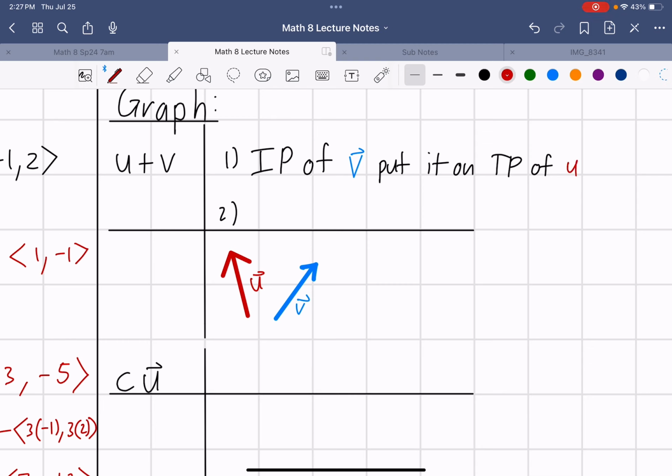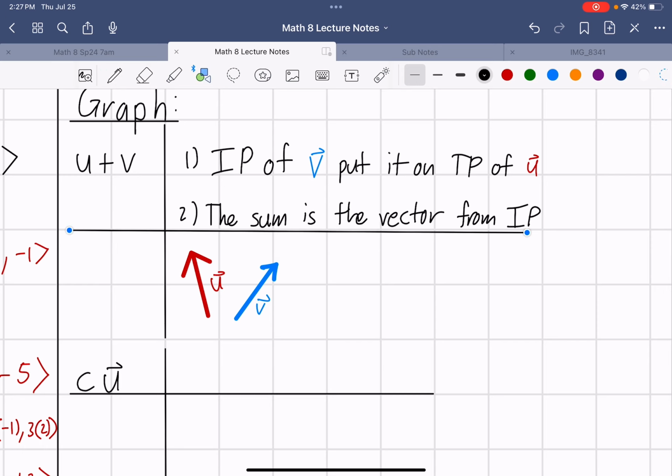Sort of, and these aren't actual steps. I'm just trying to break it down to make sense. And the sum of the vectors, so I say the sum, is the vector from initial point.